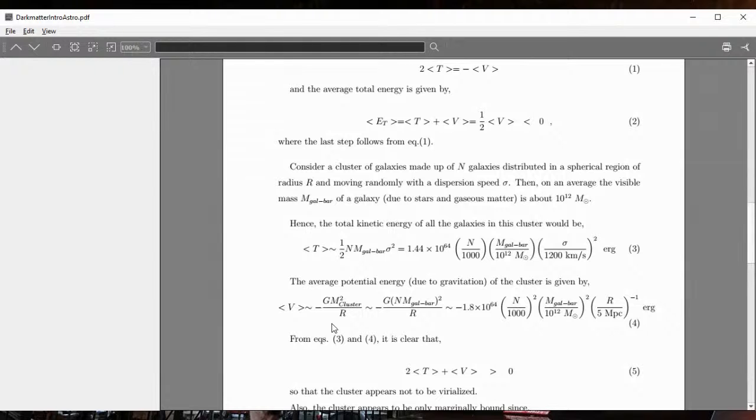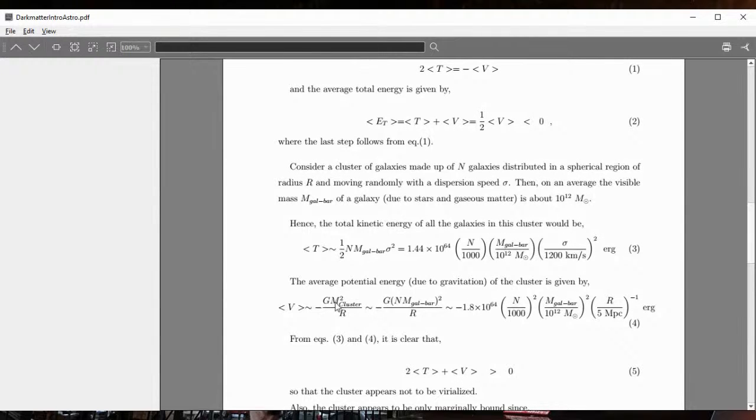Because any object of mass M, its gravitational potential energy is minus G M squared by r. So if the cluster has a mass M_cluster, then the gravitational potential energy is minus G M squared cluster divided by r.